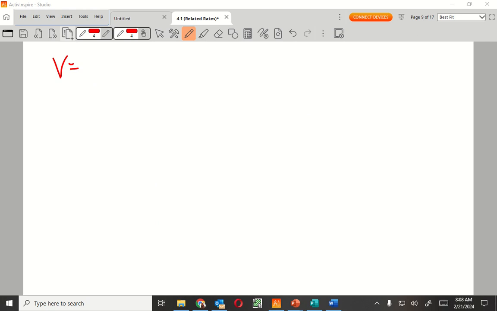So for the bottom piece, it's going to be my length times width times depth. But the problem is with the depth, it changes, doesn't it? Since it's changing, it's going to look kind of like a triangle here for my depth.